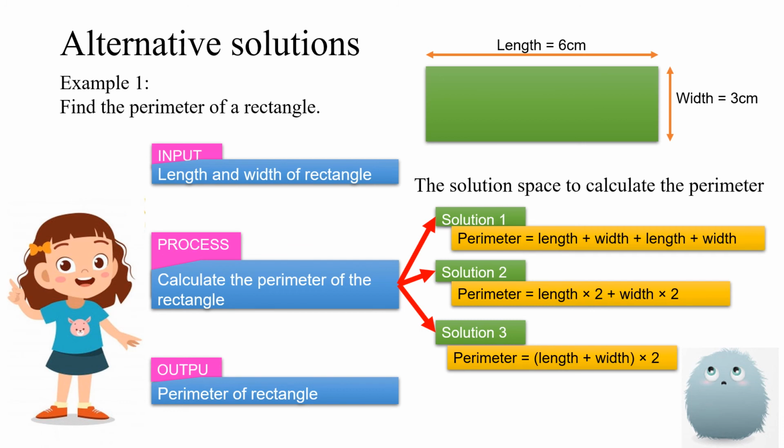So the three solutions give the same perimeter, which means you have 3 solutions for the one particular problem. So you can say the solution space is solution 1, solution 2 and solution 3.